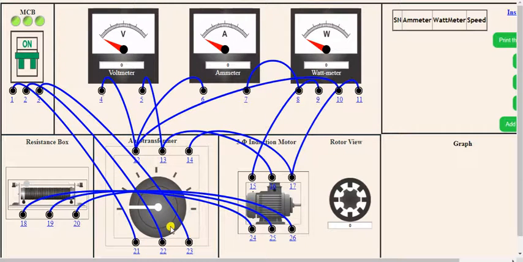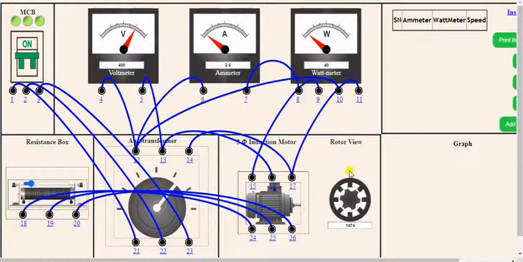Then click anywhere on the auto transformer so that the motor will be started. I am clicking here.